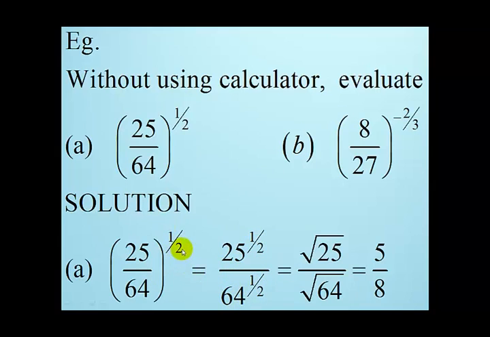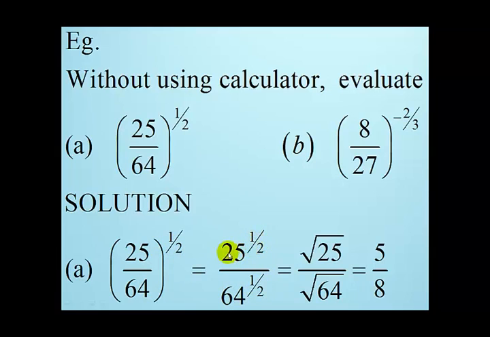This means that the exponent is affecting both the numerator and the denominator according to property number 3. Don't forget that we said that a number raised to the power half is the square root of that number.